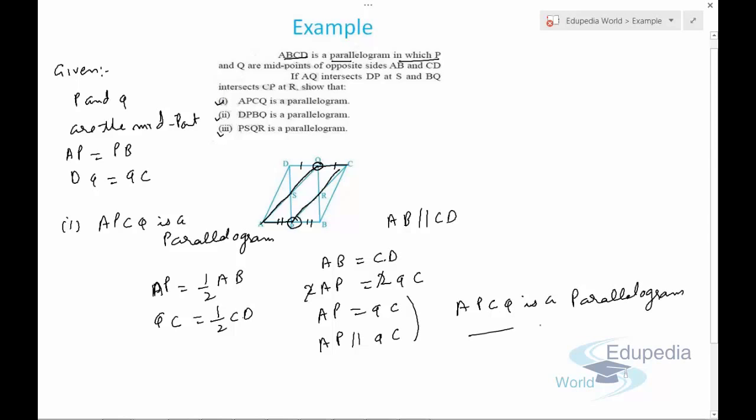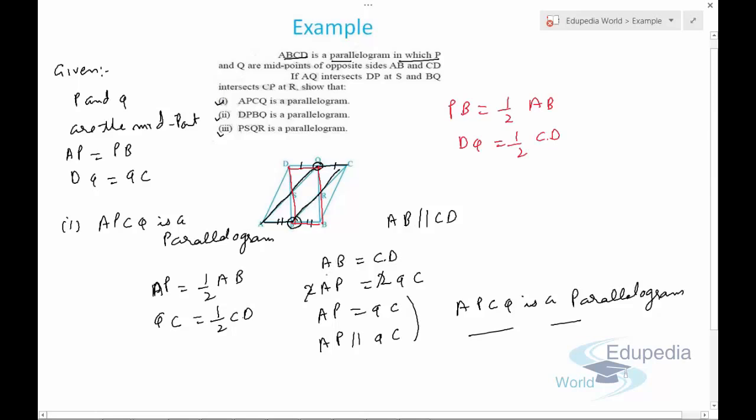Now let's discuss the second part. We need to prove that DPBQ is a parallelogram. In the same way we can prove that. Since P is a midpoint, PB is half of AB, and DQ is also half of CD.